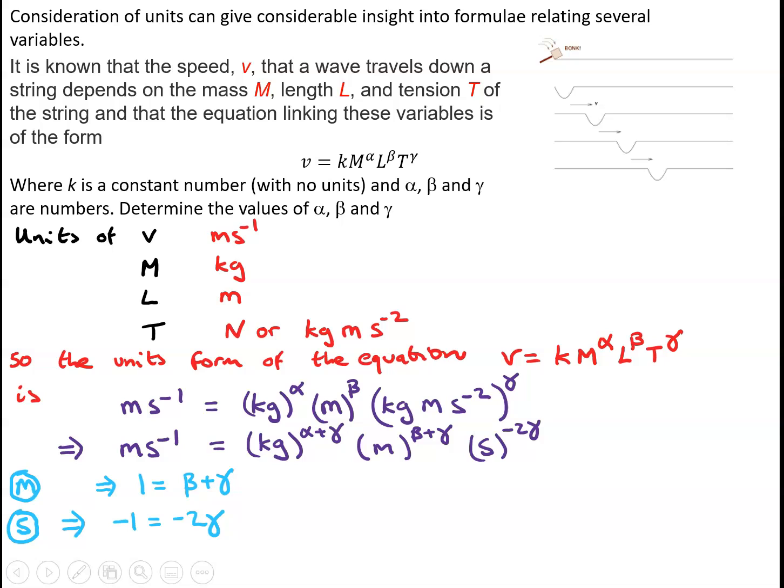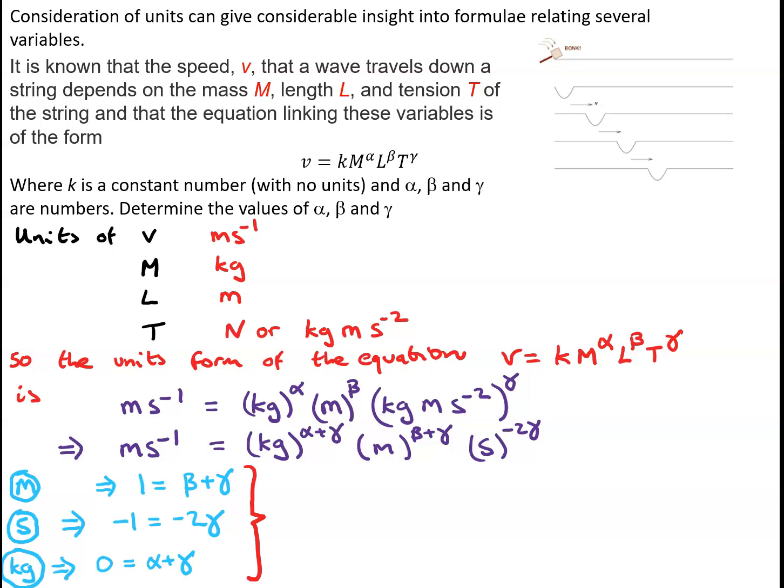If we now look at the units of seconds, on the left hand side we've got seconds to the minus 1. On the right hand side we've got seconds to the minus 2 gamma. So we must have minus 1 equals minus 2 gamma. And then finally, if we look at kilograms, on the left hand side kilograms don't appear at all, so we've got kilograms to the power 0, which must equal kilograms to the alpha plus gamma, so in other words 0 must equal alpha plus gamma.